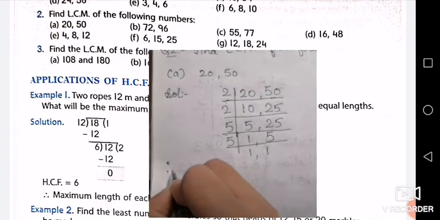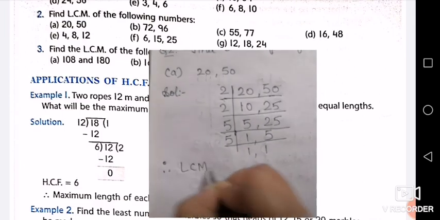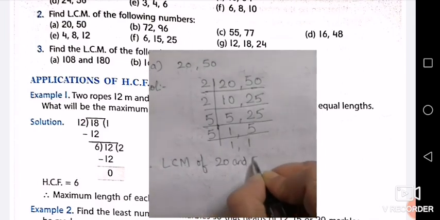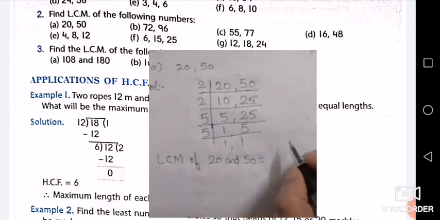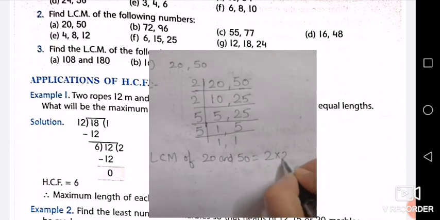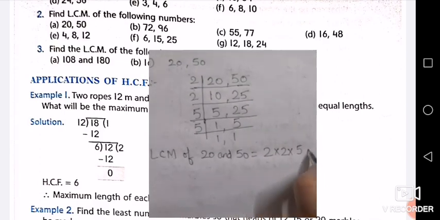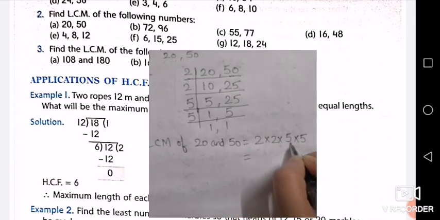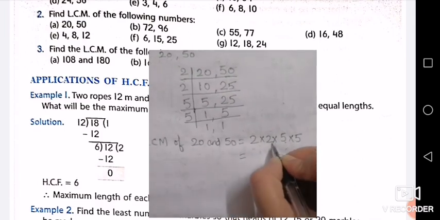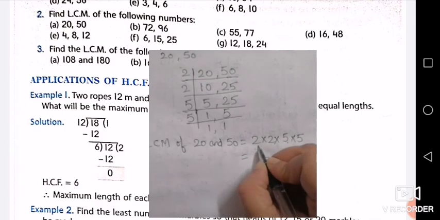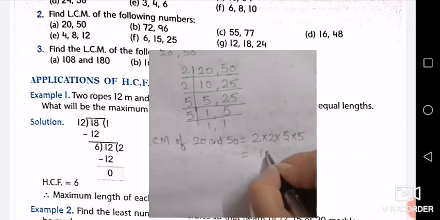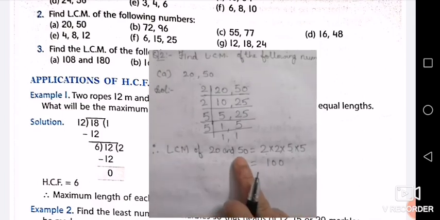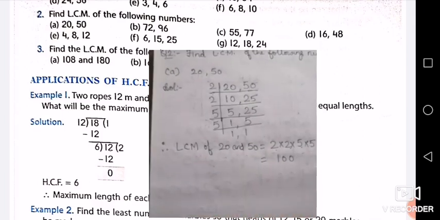So we will write simply the LCM of 20 and 50, which is equal to 2 multiplied by 2 multiplied by 5 multiplied by 5. Now 5 fives are 25, 25 twos are 50, and 50 twos are 100. So 100 will become the LCM of 20 and 50.